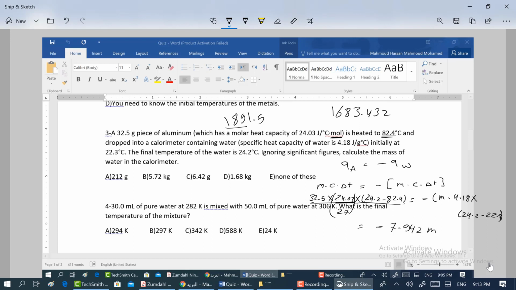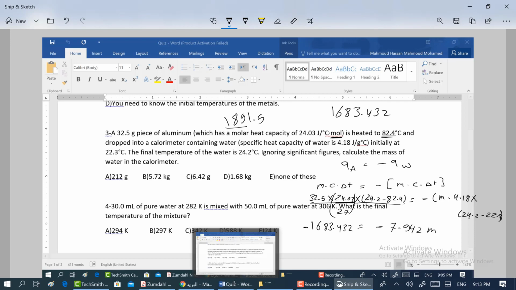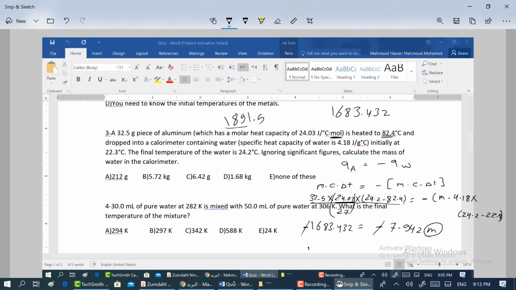The final one, it will be 1683.432, by the negative sign. The negative sign represents the M, so the mass it will be 1683.432 divided by 7.942. The answer it will be 211.96. So the nearly answer will be 212 gram.